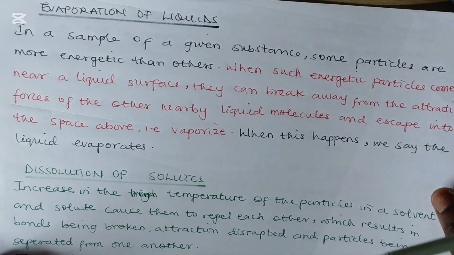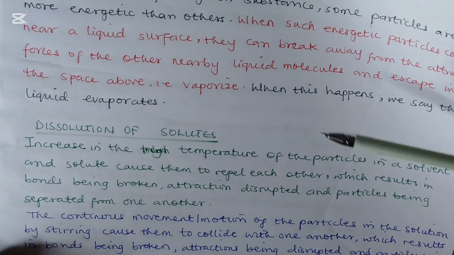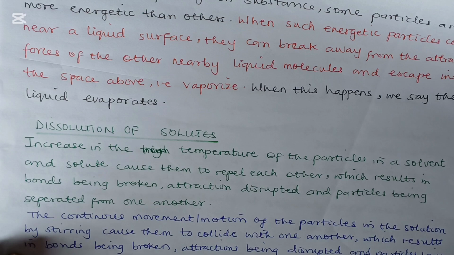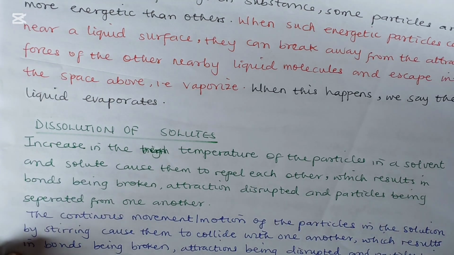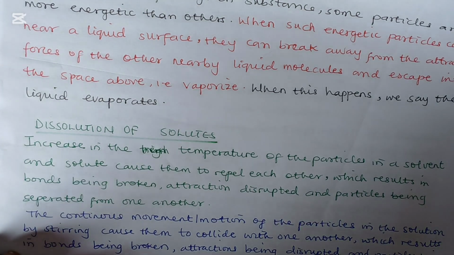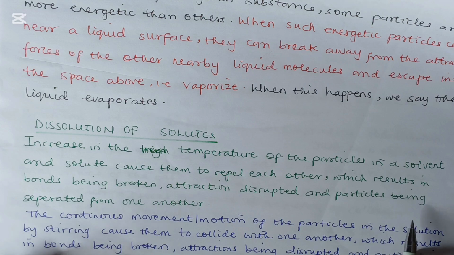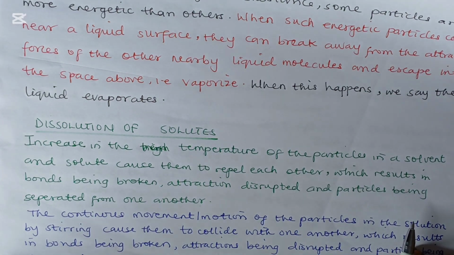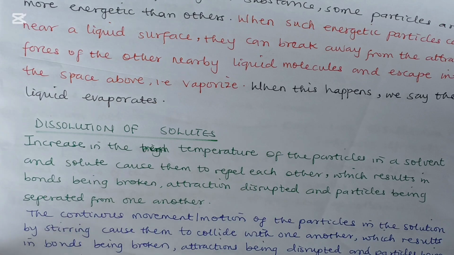The next one is the dissolution of solute, that is, using the kinetic theory to explain the dissolution of solute. Increase in the temperature of the particles in a solvent and solute can cause them to repel each other. How?